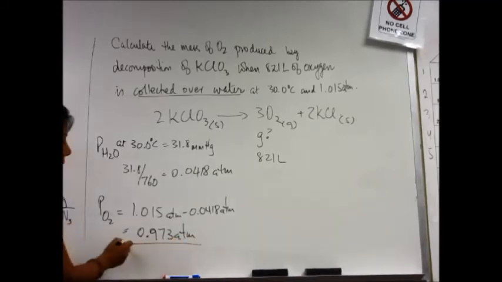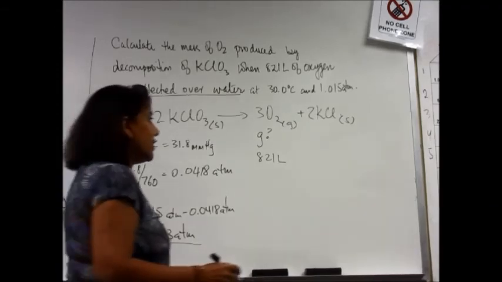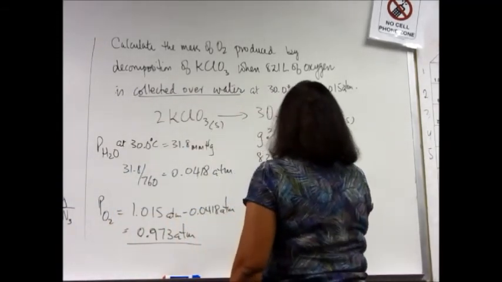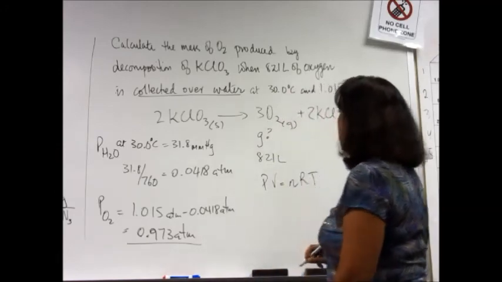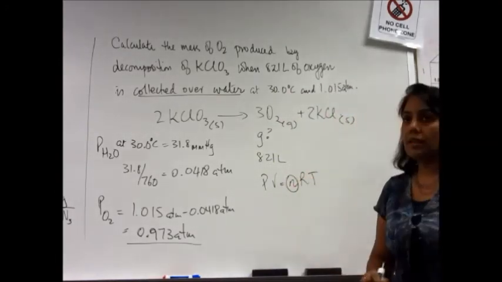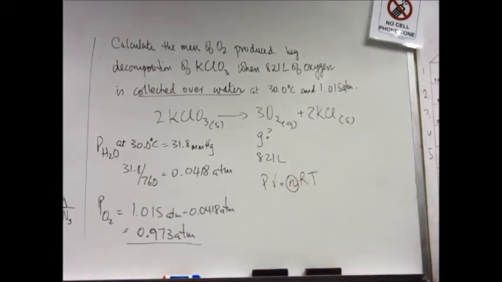So now that we have the pressure, we can go ahead and use PV equals nRT. What are we calculating for? We're calculating the n, moles, yes. Can you also use P1V1? You can't use P1V1 here because you're not looking at different conditions.